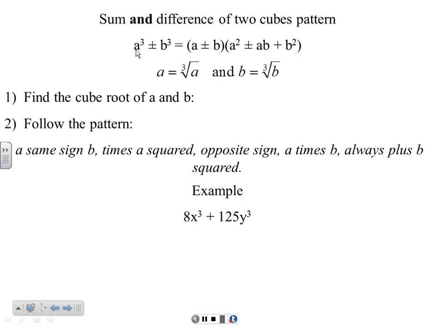Well, 8 is a perfect cube because 2 times 2 times 2 is 8. 125 is a perfect cube because 5 times 5 times 5 is 125. 27 is a perfect cube because 3 times 3 times 3 is 27.